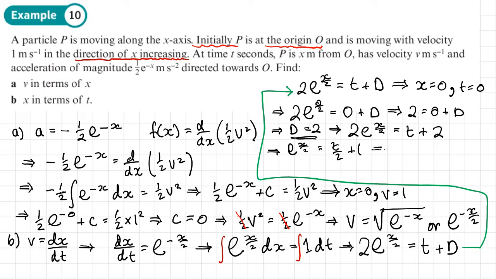We'll do the natural log of both sides, so that will leave us with x over 2 is equal to the natural log of t over 2 plus 1. Now I put modulus, but it's always going to be positive because t is always going to be positive. And then lastly, times both sides by 2, and we will have x is equal to 2 natural log of t over 2 plus 1. So there's our expression for the displacement.